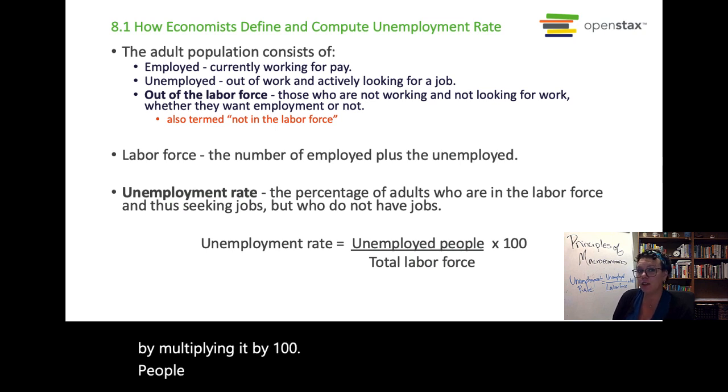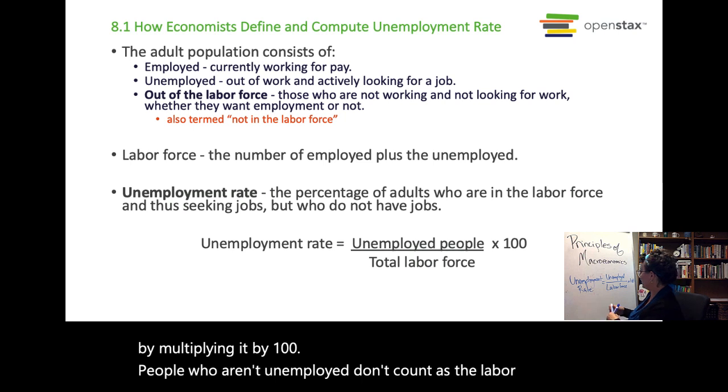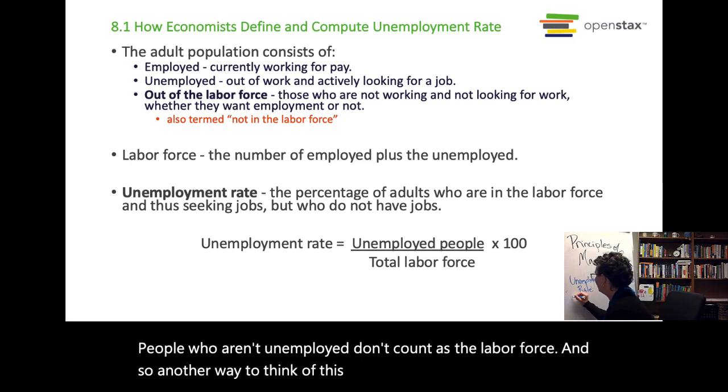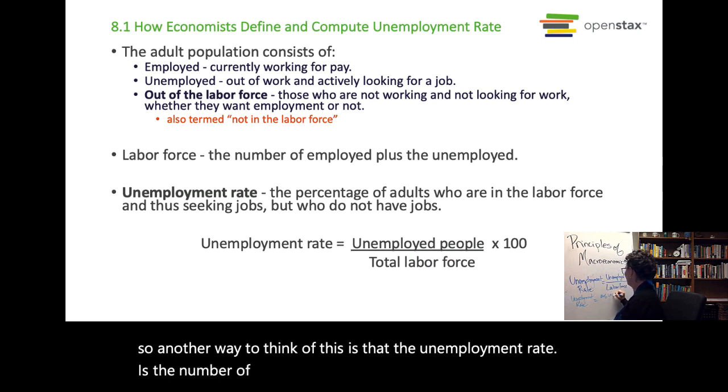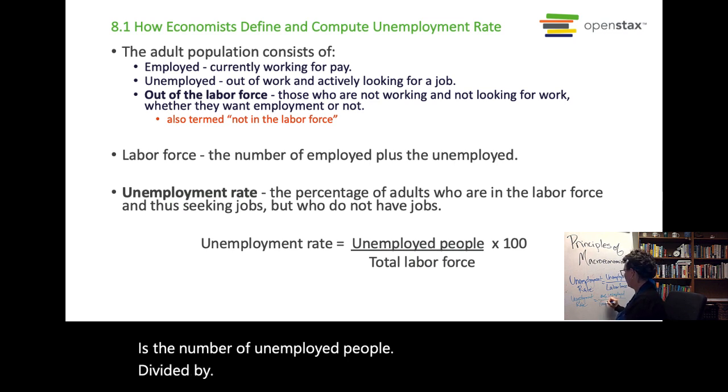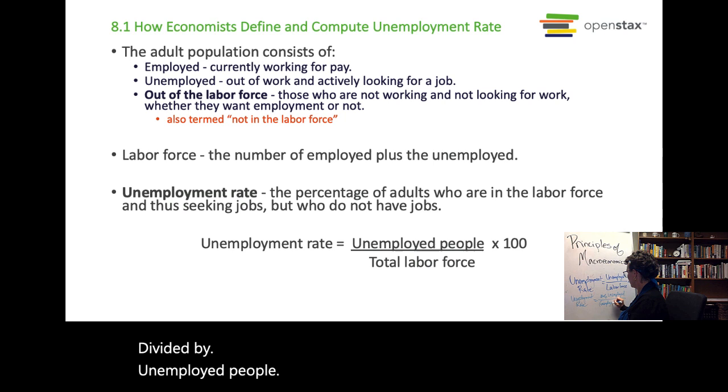People who aren't in the labor force don't count. And so another way to think of this is that the unemployment rate is the number of unemployed people divided by unemployed people plus employed people.